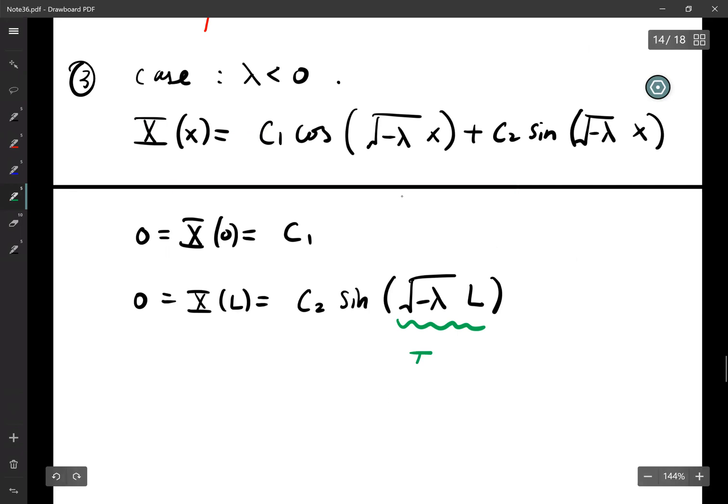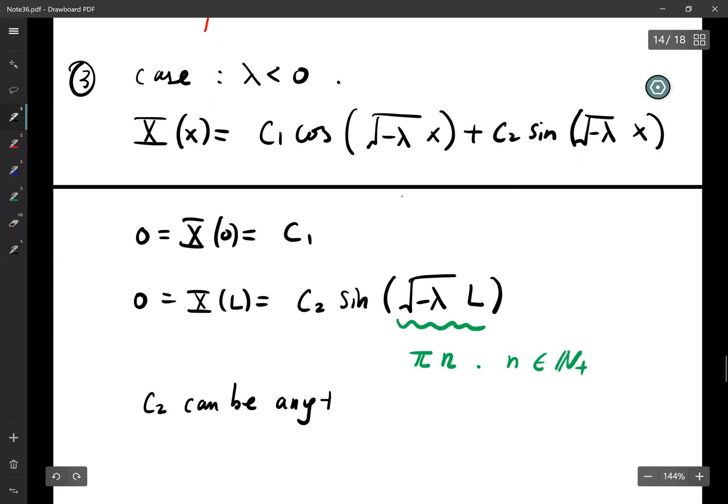Because if this is pi times an integer n, meaning 1, 2, 3, 4, not 0, because then you're going to have 0 equals 0. So then C1 is 0, but C2 can be anything.